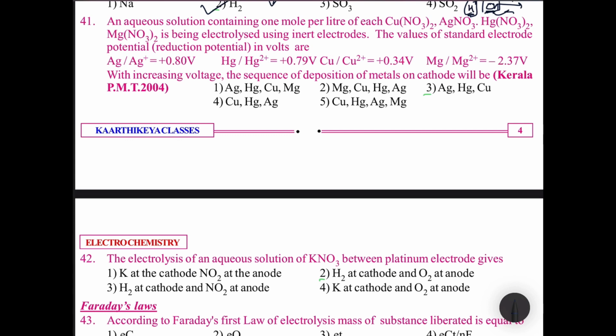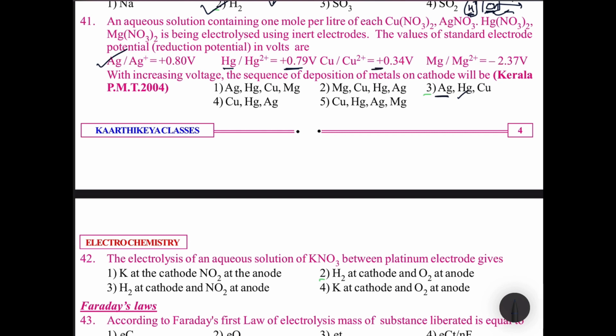This question is not of this category. This will be after electrochemical series, but we can see. The minimum potential is required for what? Maximum potential is required for what? This you need to remember. See, in all aqueous solutions we are using, the highest positive value is given for silver, plus 0.8. So silver is first. Then mercury, plus 0.79. Next mercury.